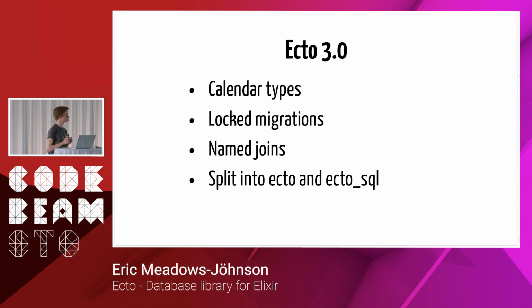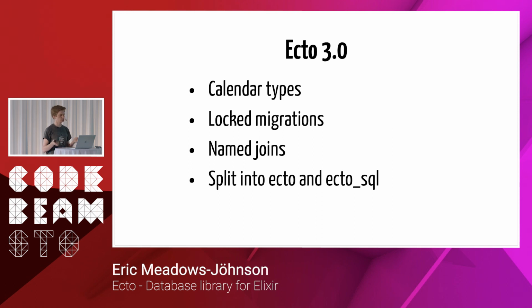We're also going to do locks on the migrations table, so that if you are deploying Ecto in a cluster and you do migrations as you're deploying, you're not going to run into issues with deploying and running migrations at the same time.